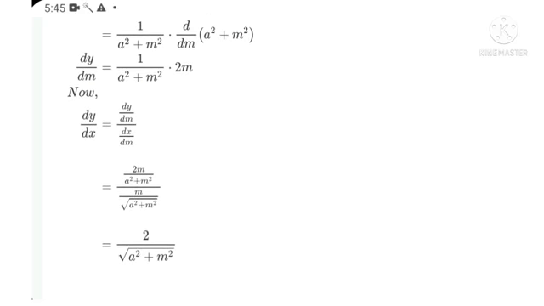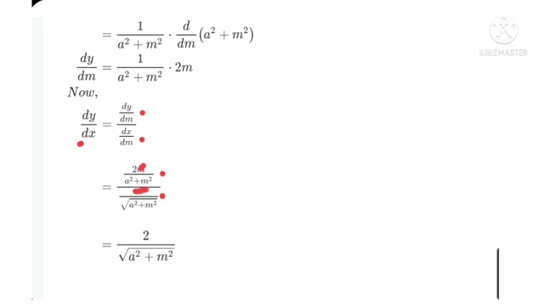Now you find dy by dx. dy by dx is equal to dy by dm upon dx by dm. That is, 2m upon a square plus m square upon m upon root a square plus m square. m gets cancelled.